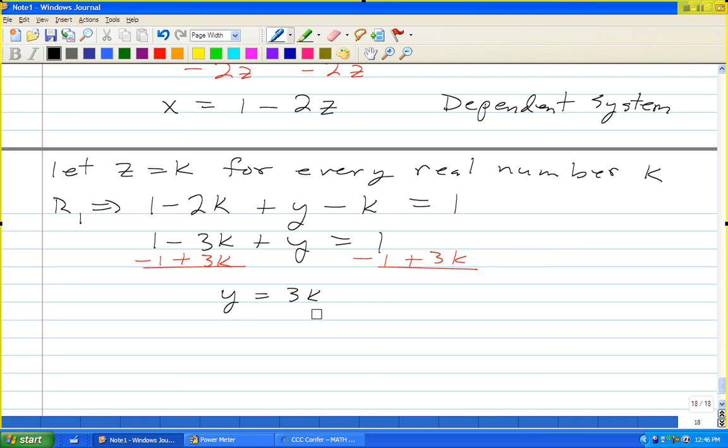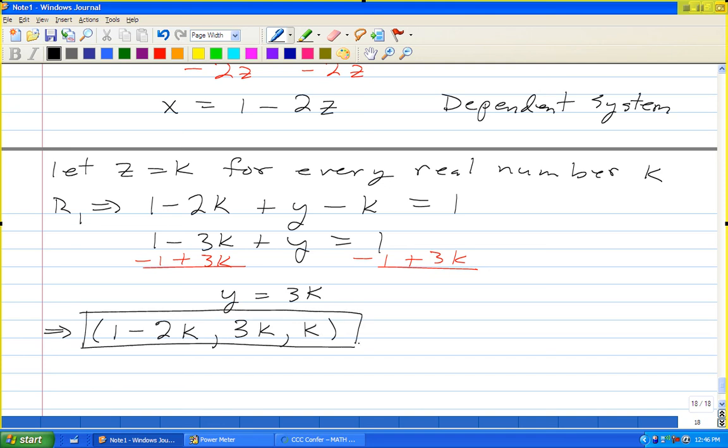So my solution looks like the ordered pair x. Remember, I'm letting z equal k. Y, which I called 3k, and z, which I called k. And so this is a one parameter family of solutions.